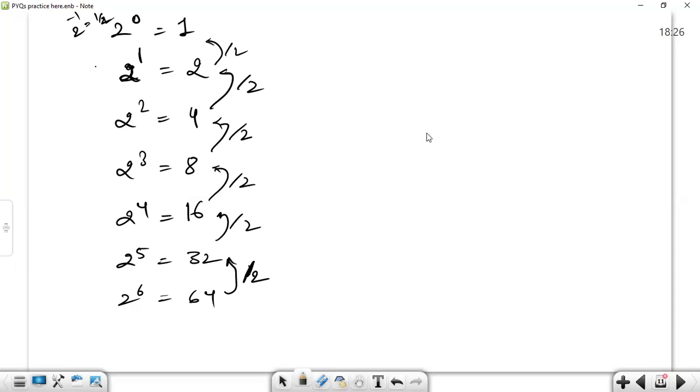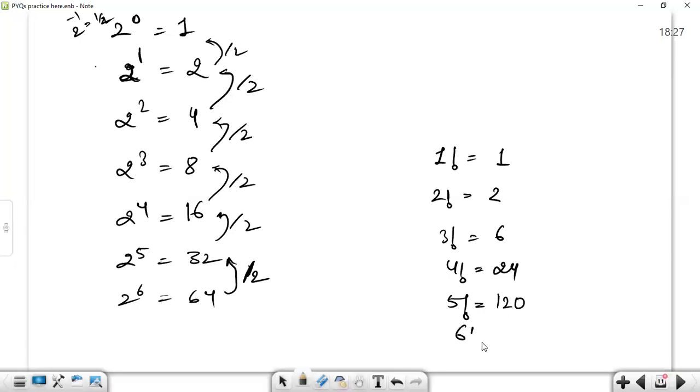The same kind of logic applies to factorials also. 1 factorial is 1. 2 factorial is 2. 3 factorial is 6. 4 factorial is 24. 5 factorial is 120. What is 6 factorial? 720. Yeah.